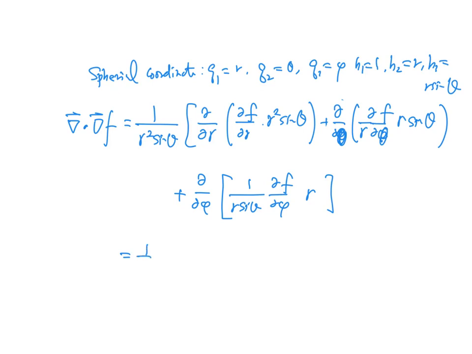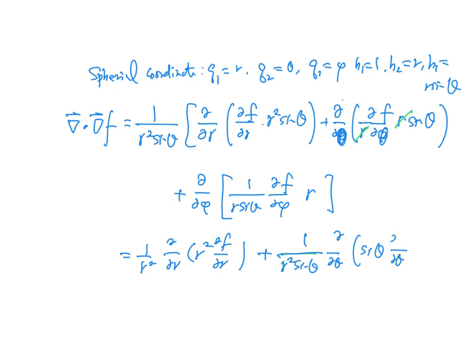So 1 over r square, partial r, r square, partial r, partial f, plus, this r can cancel each other. So 1 over r square sine theta, partial theta, sine theta, partial f.